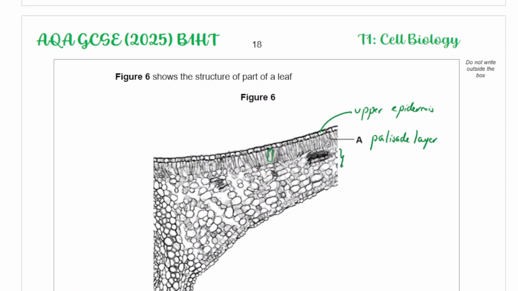And this bit is the spongy mesophyll layer. And this bottom bit that you would see here is the lower epidermis.